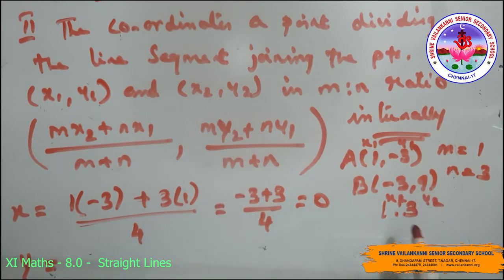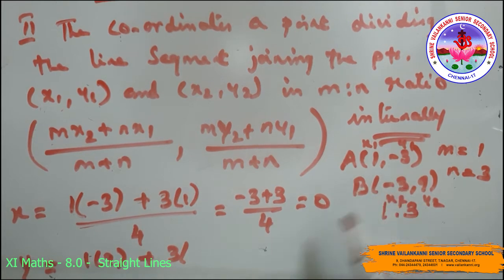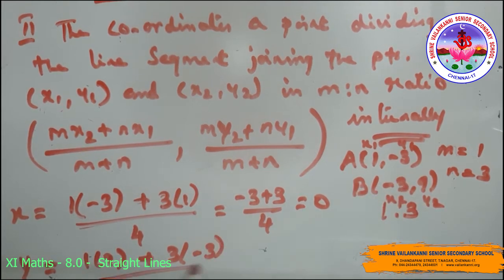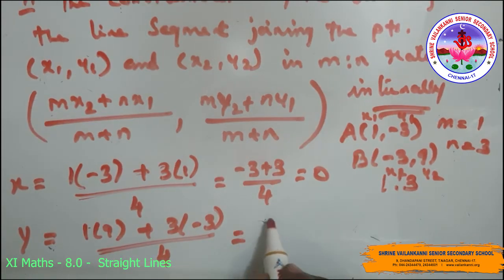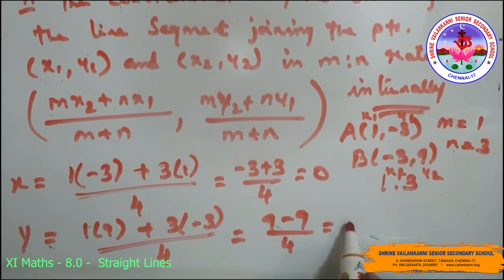Here y2 is 9, m is 1. So 1 into 9 plus n, which is 3, into y1, which is -3, divided by 4, which is equal to (9 minus 9) by 4, which is equal to 0. So the coordinates are (0, 0).